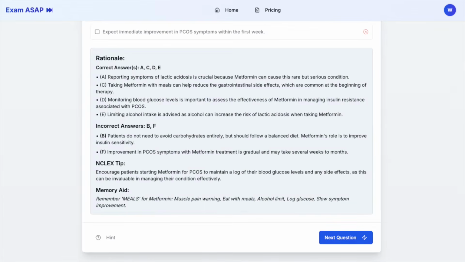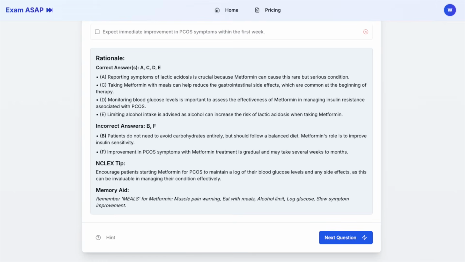Reporting symptoms of lactic acidosis is crucial because metformin can cause this rare but serious condition. C. Taking metformin with meals can help reduce the gastrointestinal side effects, which are common at the beginning of therapy. D. Monitoring blood glucose levels is important to assess the effectiveness of metformin in managing insulin resistance associated with PCOS.